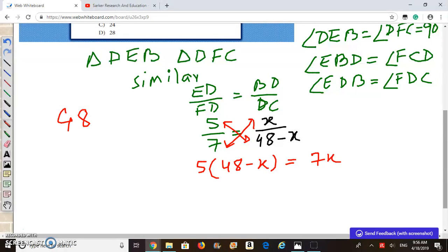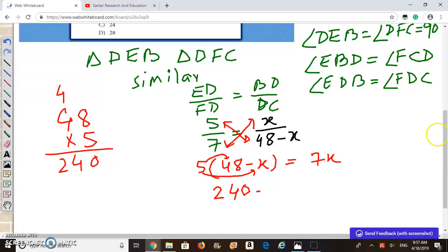I am multiplying 48 by 5. 8 times 5 is 40. And 5 times 4 is 20. 20 plus 4 is 24. So we got 240. So first I am multiplying 5 by 48 and then 5 by X. Minus 5X equals 7X.